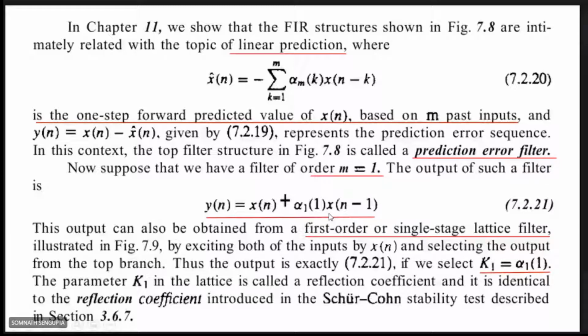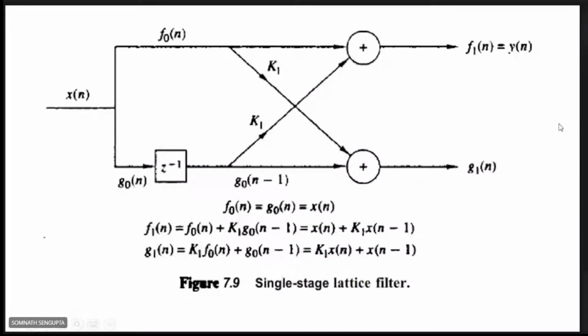So you see the same realization, where output yn is equal to xn plus alpha 1 xn minus 1. How is it implemented? Xn is this. First there are the initial functions of any stage; there will be some input function.